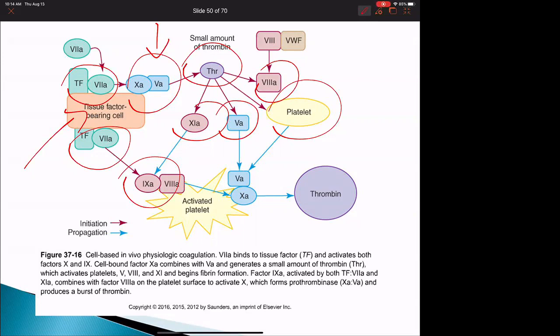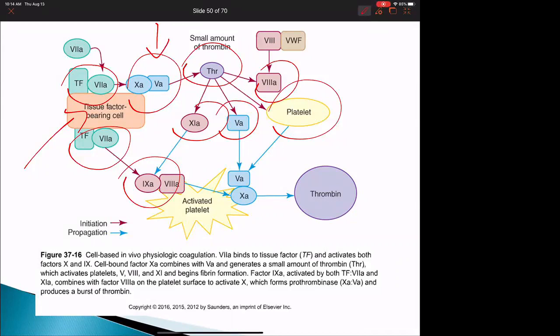So again, this is a lot more complicated, but this is what is said to be happening in the in vivo process. But again, I'm not going to be testing you on this, and I'm not going to be expecting you to learn this model, but know that the actual in vivo process takes into consideration the whole hemostasis process that's happening at the same time.